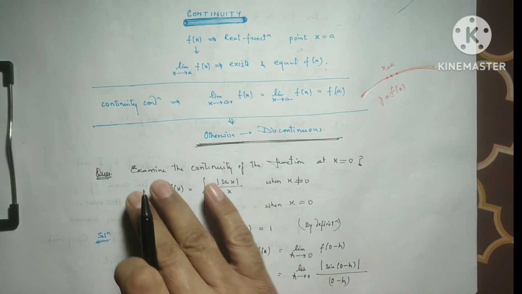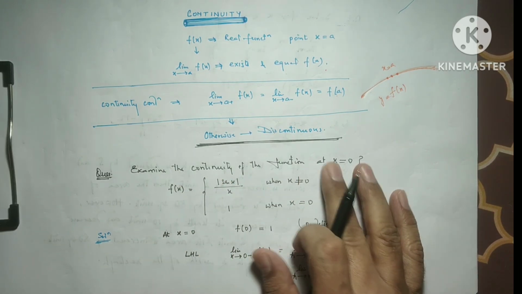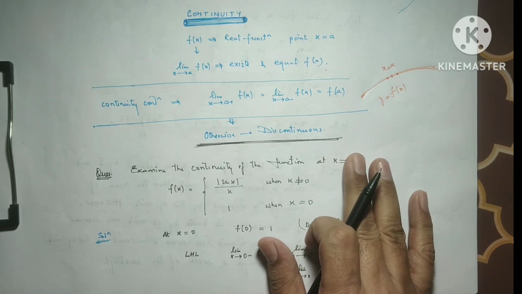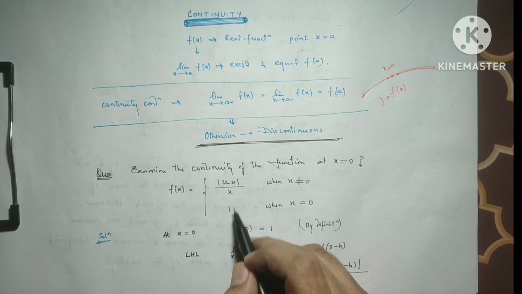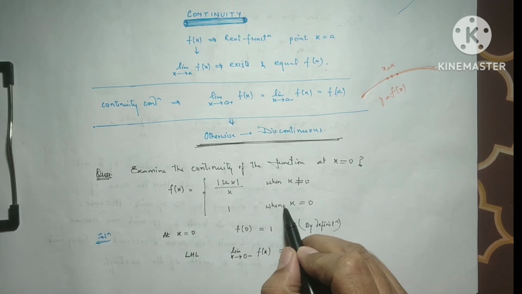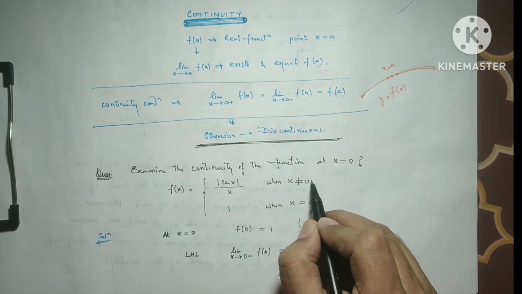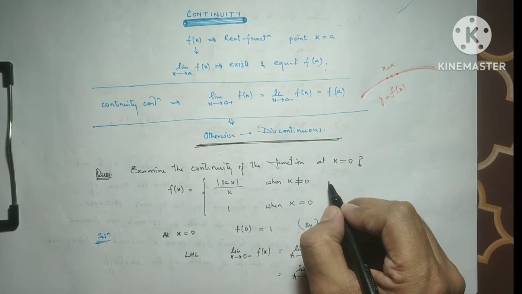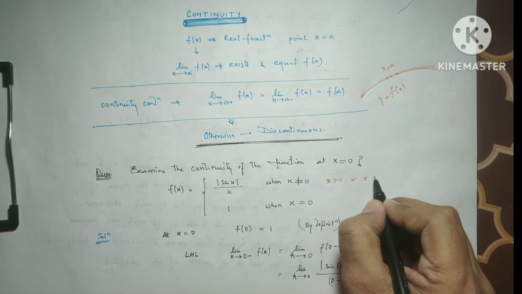So the first question is, examine the continuity of the function at x equals 0. And we have a function with two definitions, one at x equals 0 and the other when x is not equal to 0. It means x greater than 0 or x less than 0.